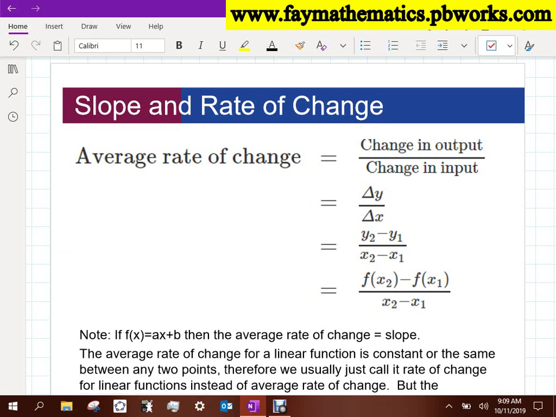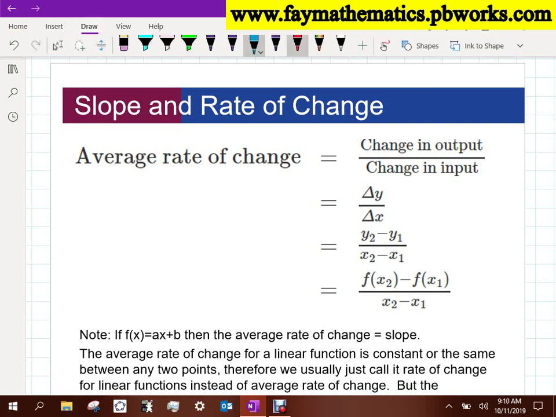Maybe you've seen these formulas, change in output divided by change in input, okay? Those of you that are in physics, you see delta Y over delta X. You agree with that? Okay. Algebra 1, we've seen it as Y2 minus Y1 over X2 minus X1, okay? That is exactly the same as change in output over change in input, right?